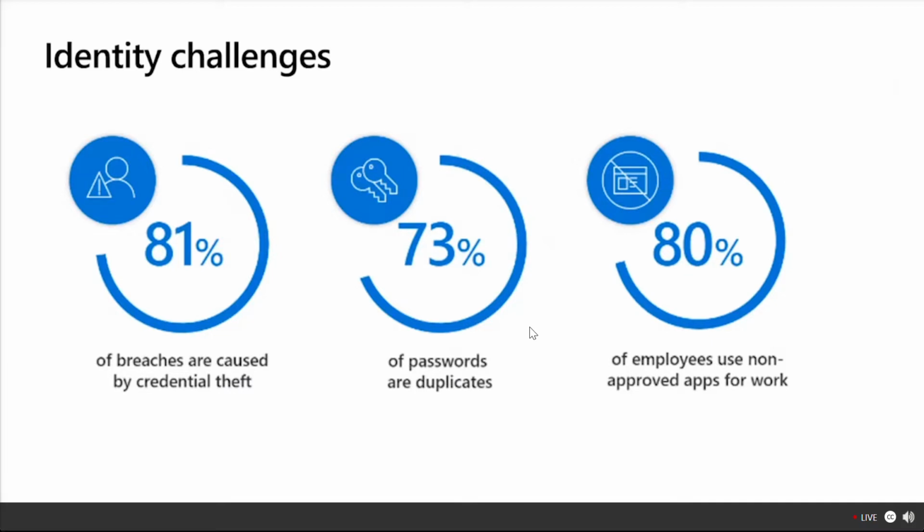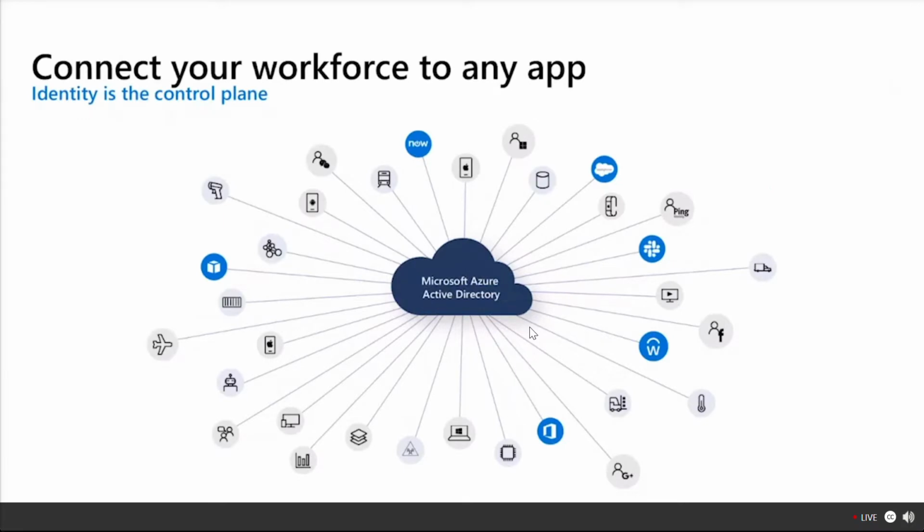Identity is actually the control plane for digital transformation. In this world, your identity system in the cloud is your control plane that can connect everything, give you visibility to your entire digital estate, ensure that only the right people have the right access to the right resources, and keep the bad players out.